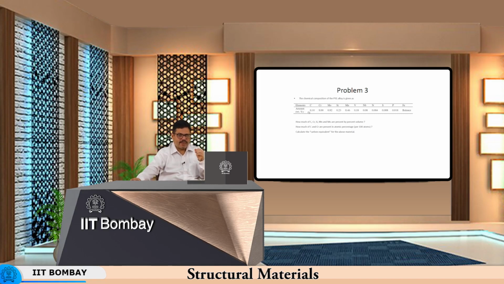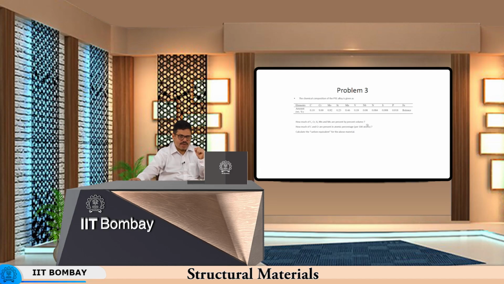So, I take 0.1 grams of carbon, 9 grams of chromium, 0.92 grams of molybdenum, 0.23 grams of silicon and so on, and then I make that alloy of 100 grams. What I am doing is I have weighed everything and I have made that alloy as per weight.